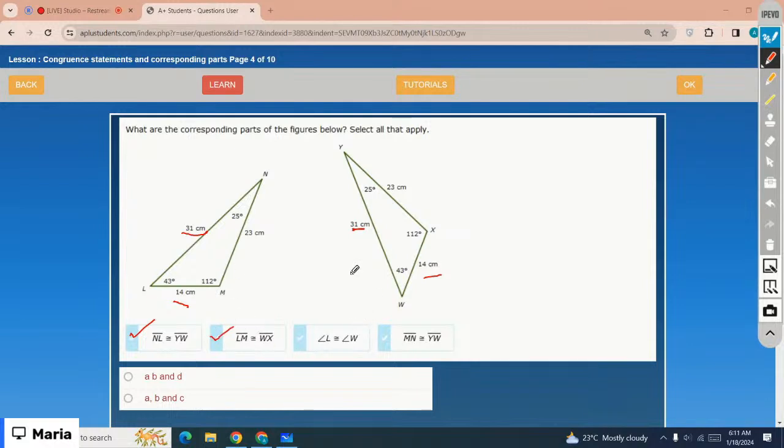Angle L is 43 degrees and angle W is also 43 degrees, so both angles are congruent. MN is 23 centimeters and YW is 31 centimeters. They are not congruent. So A, B, and C are congruent. Option number 2 is the correct option. Got it?